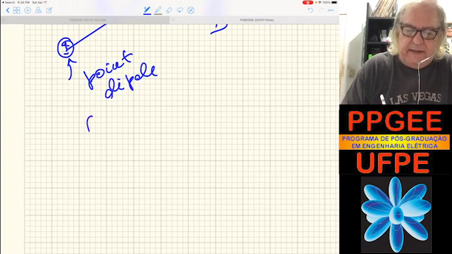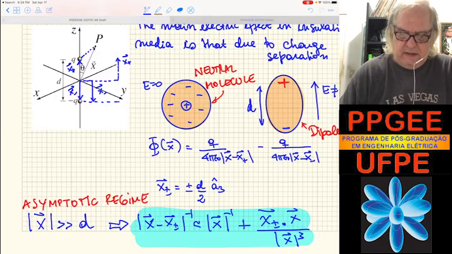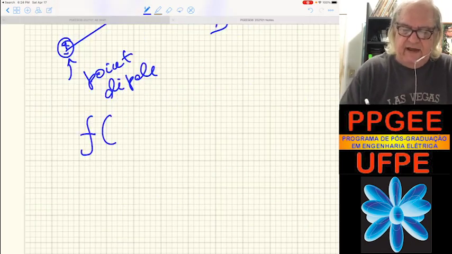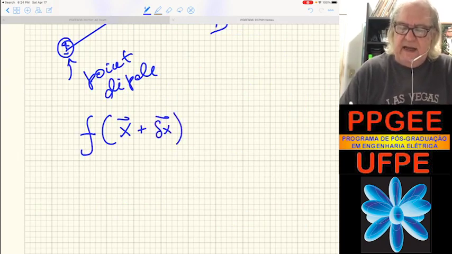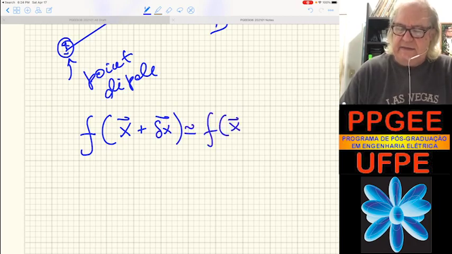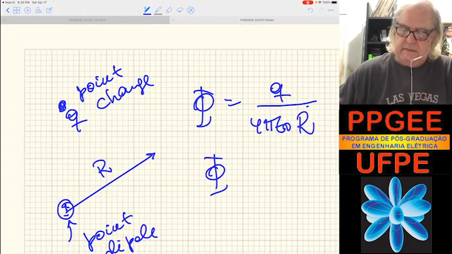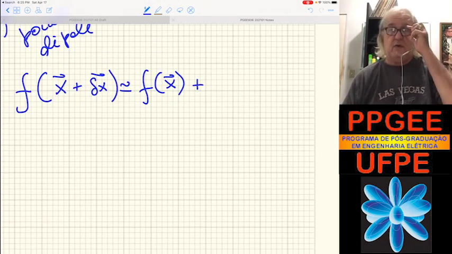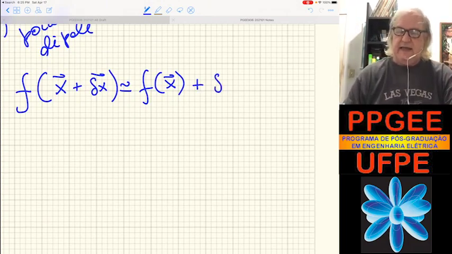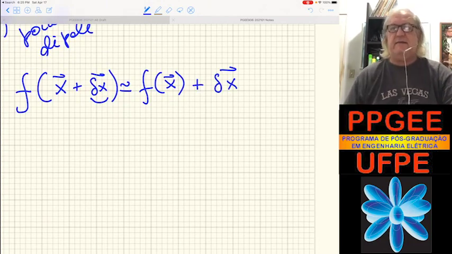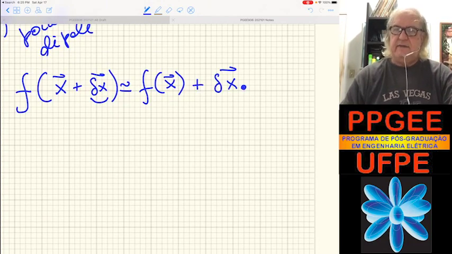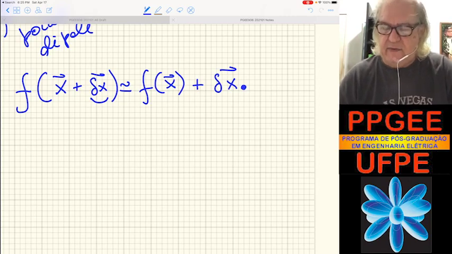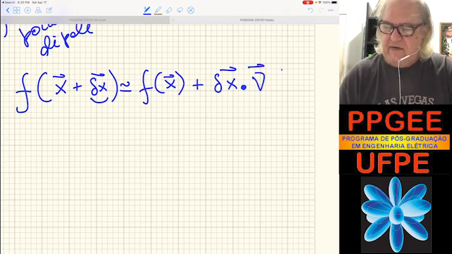We can expand a function f of x plus a small vector delta x approximately as f of x plus the first order correction, which is delta x, the shift in position, dot the 3D derivative, which is the nabla of f.